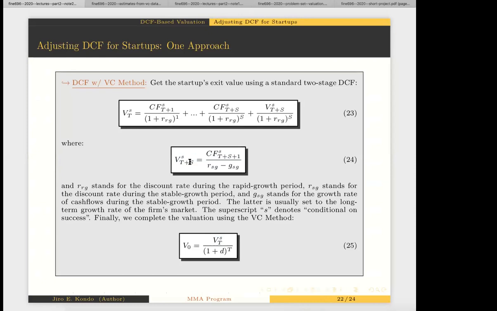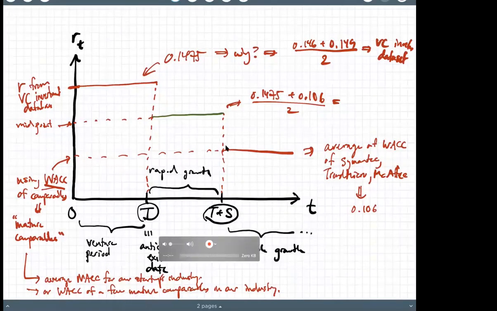Because once the company stabilizes, we expect it to have a constant discount rate going forward. That was this assumption that once you stabilize at time T plus S, from that point on, you have a constant discount rate forever because you've now matured.